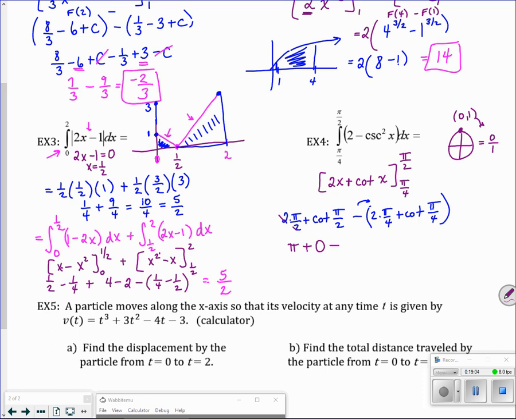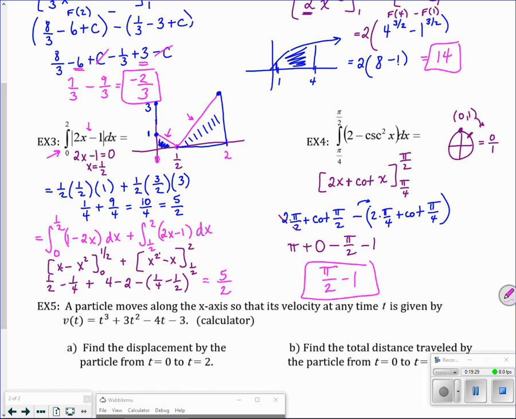Minus pi over 2. And I'll go ahead and distribute that negative. The cotangent of pi over 4, remember the pi over 4s are the easy ones. Those are 1s. So that would be minus 1. And so what does my final answer become? Well, pi minus pi over 2 is pi over 2 minus 1. And there would be my final answer.